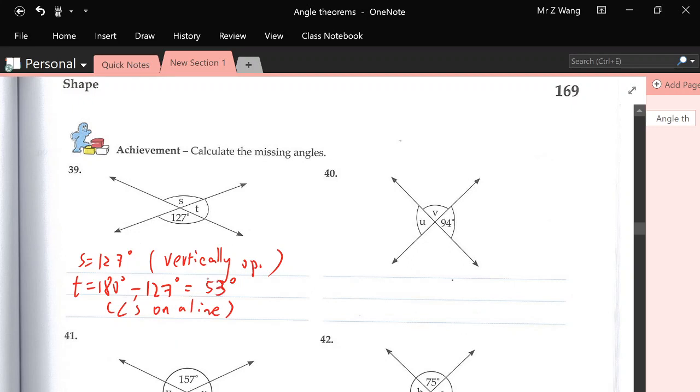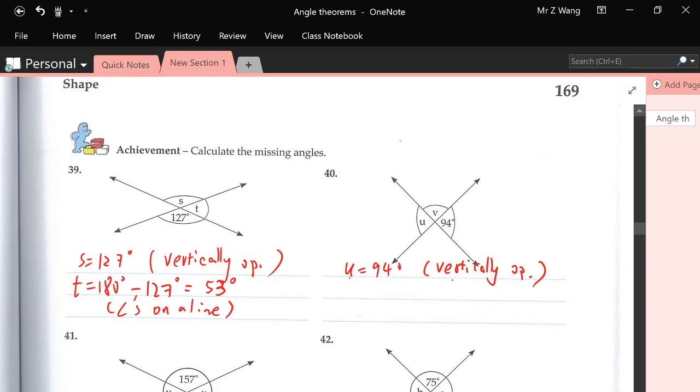You have to use multiple reasonings, and this is sort of a low merit question. Anything with more than one logic is merit, right? So this is again, you see two straight lines intersecting each other, so that means U is 94. They are vertically opposite, right? So you again write down the reasoning.